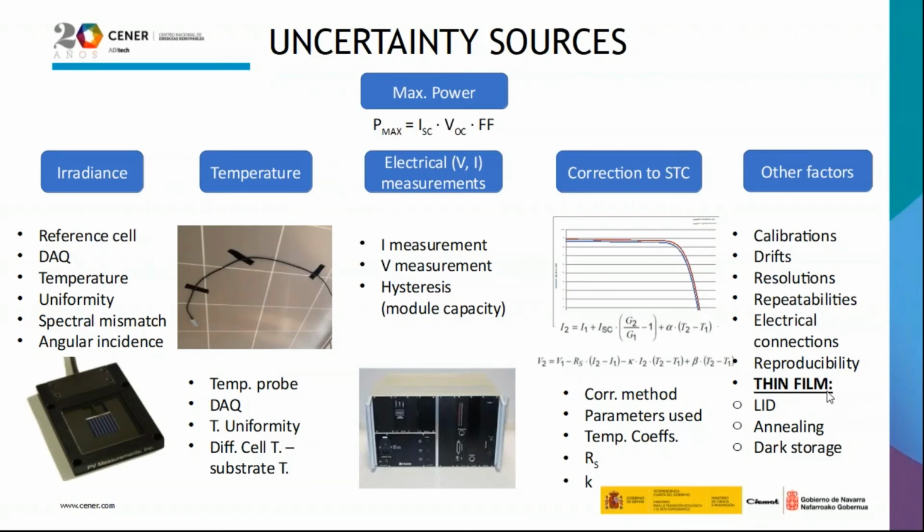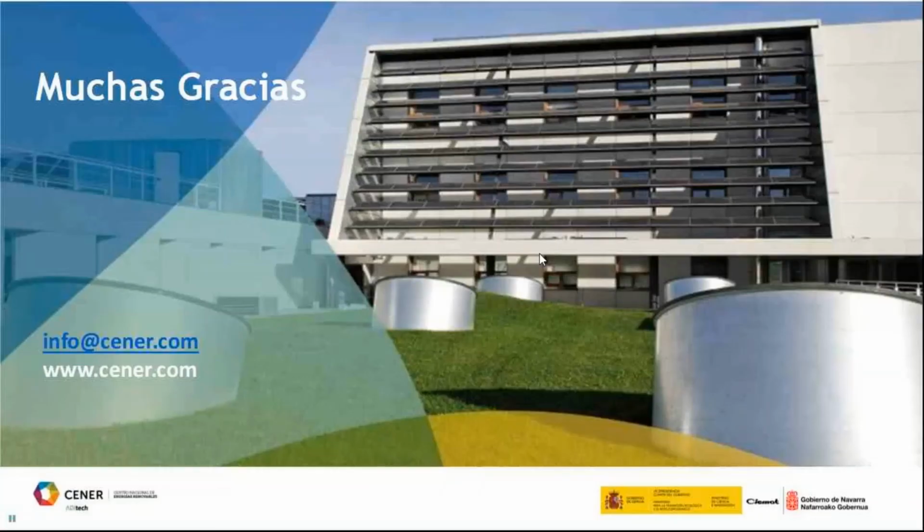And finally, some different aspects with thin films are the ones related to the stability of the sample, related to light-induced degradation, to annealing, or to the dark storage of the modules. So the modules have to be preconditioned before the measurement. And I think that's everything.